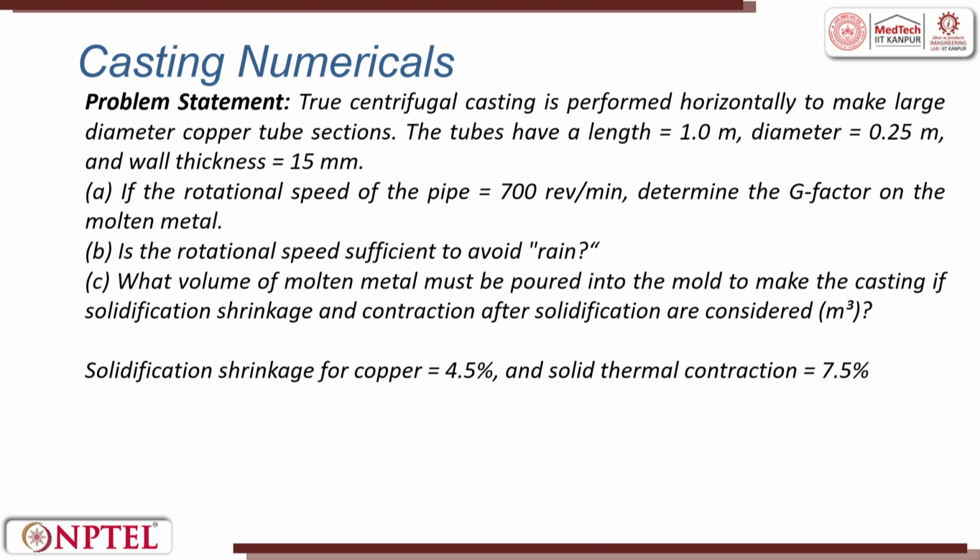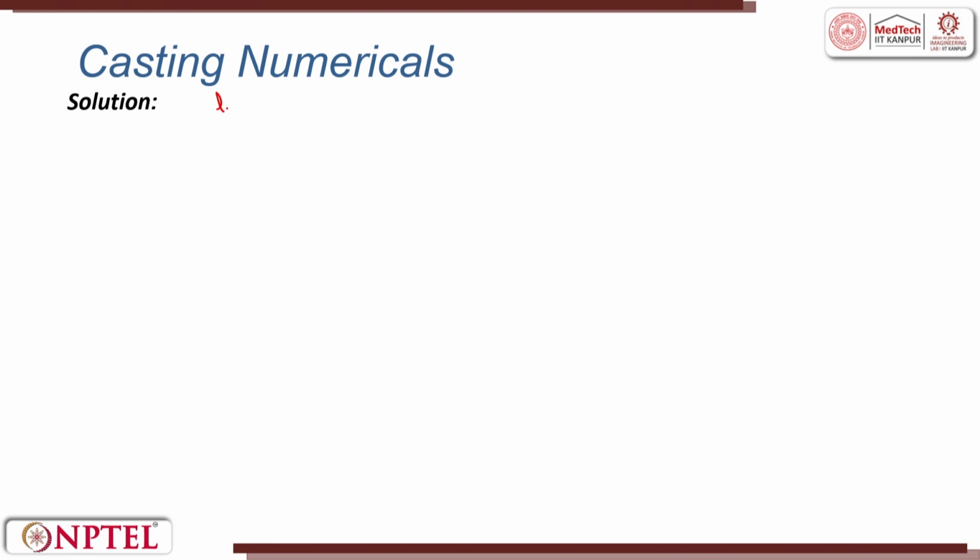The true centrifugal casting is performed horizontally to make large diameter copper tube sections. The tubes have length 1.0 meter, diameter 0.25 meter, wall thickness as 15 millimeters. That means I have, I'll put it in the next slide.